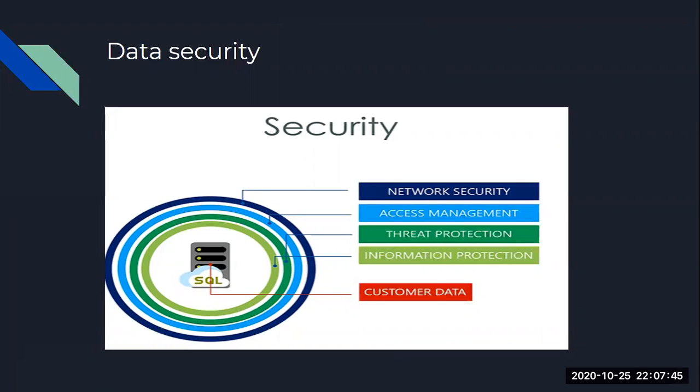We will talk about each of these in the Azure section, because network security, access management, and threat protection are very unique in Azure and very different from other environments. But I want to talk about the last layer, information protection.